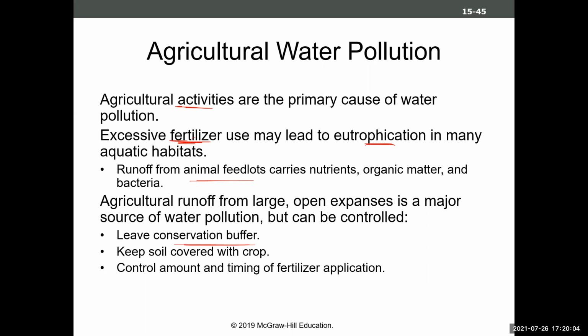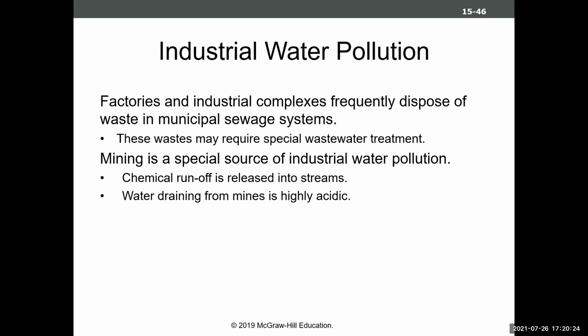Keep the soil covered with a crop. So whenever you harvest it, put a cover crop on until you go to plant it again, and then control the amount and the timing of the fertilizer applied. So again, you're reducing how much goes in the runoff.